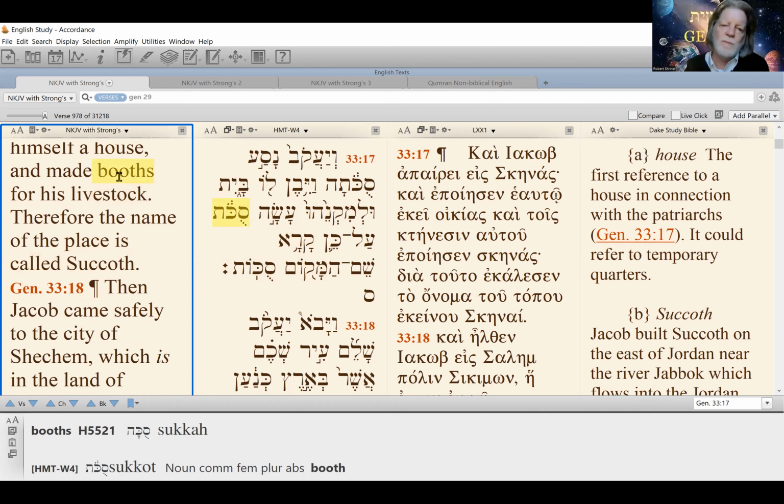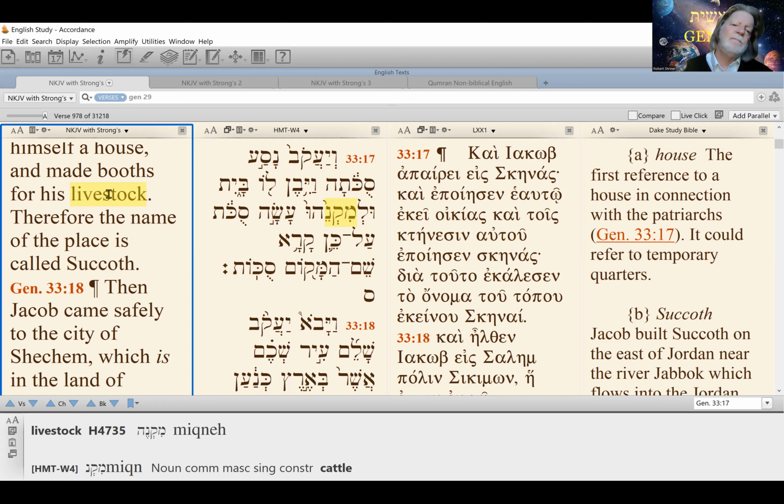The word booth in the Hebrew is Sukkot, and the name of the place is Sukkot, with just an added vav in the middle of the word, but it's the same word, and it means the booths that he made for his livestock, not the house that he lived in.